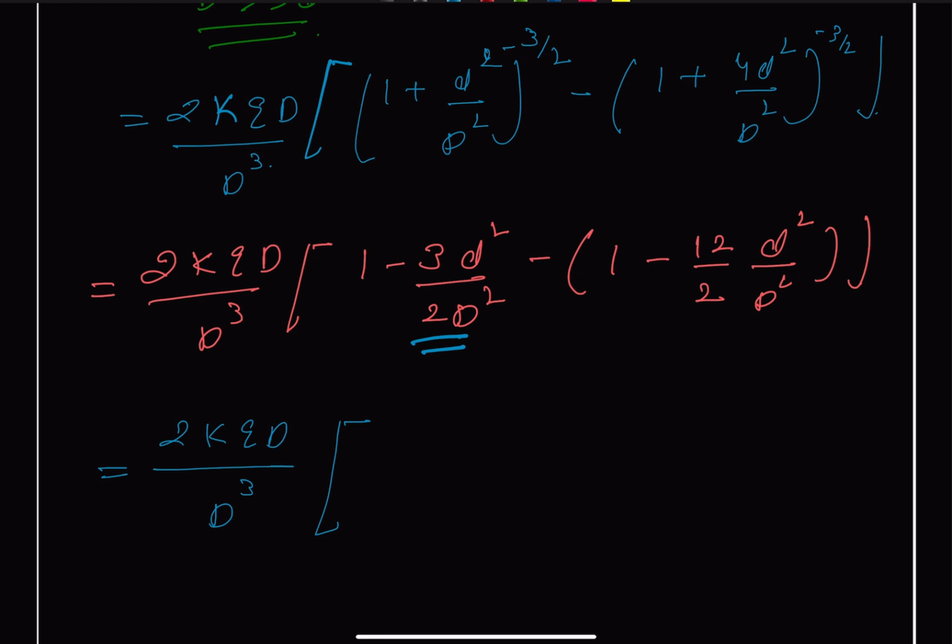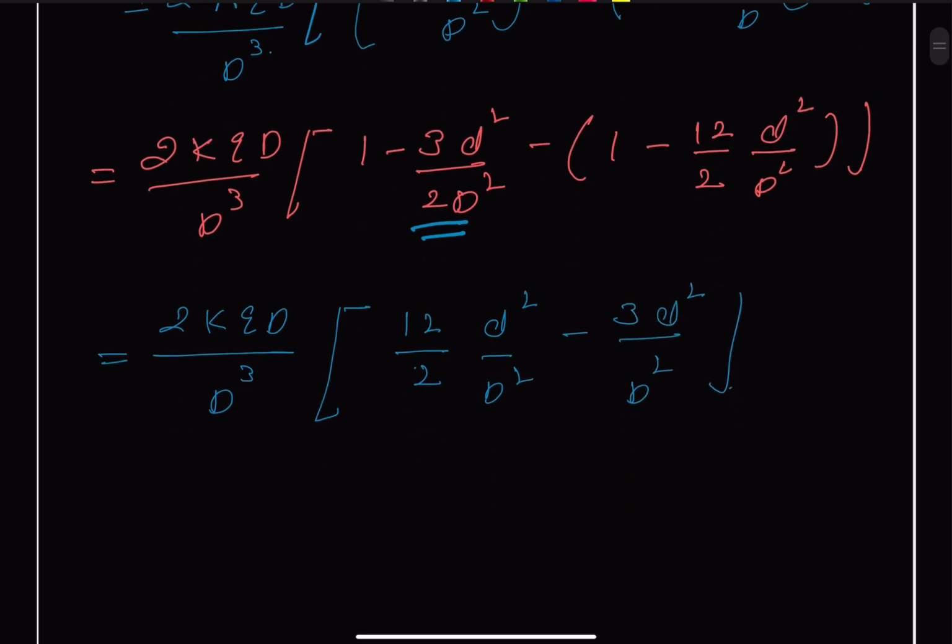so this will be 12 upon 2, and we have this as d square over capital D square, minus 3d square upon capital D square, and this is our 2.